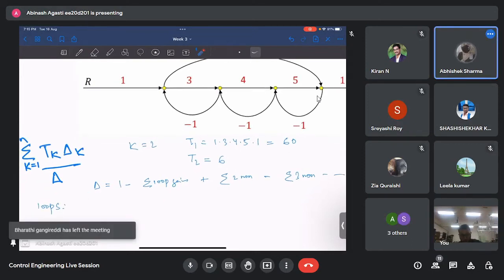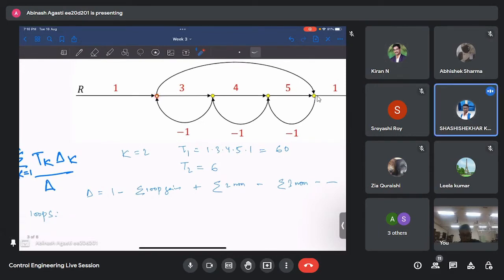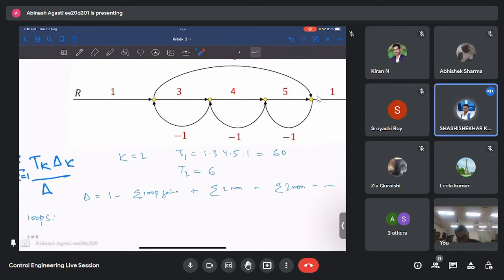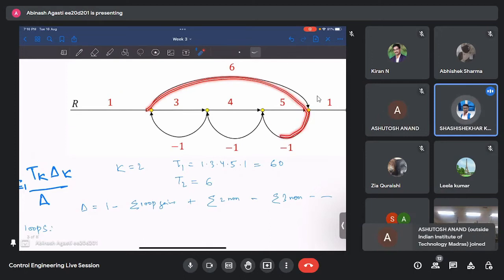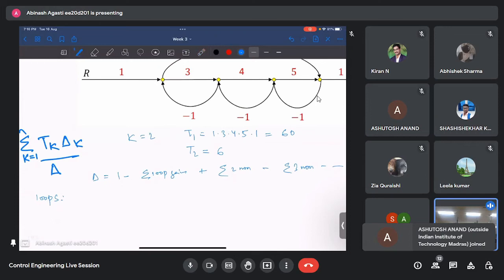First loop gain is 3 into minus 1, 4 into minus 1, 5 into minus 1, and 6 into minus 1 into minus 1 into minus 1. Correct. So for the 4 loops, first one is minus 3, minus 4, minus 5, then 6 into 3 times minus 1 is just minus 6.